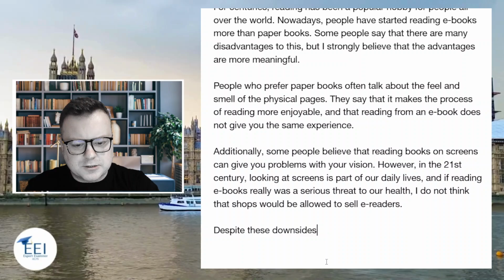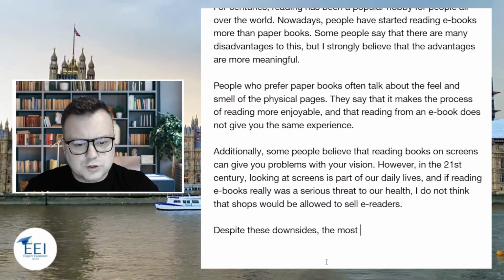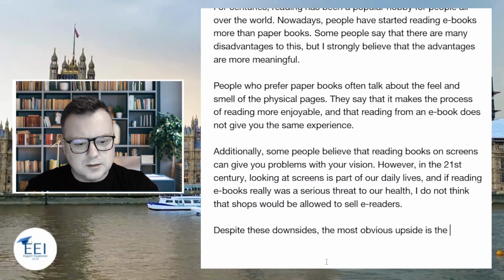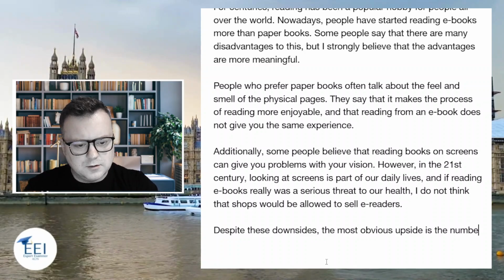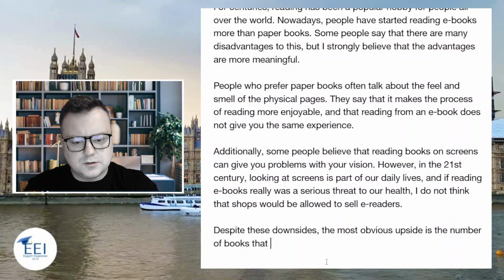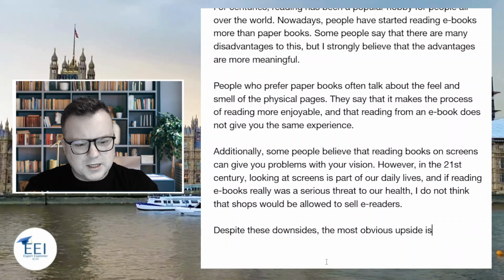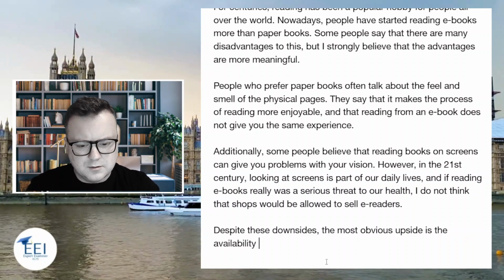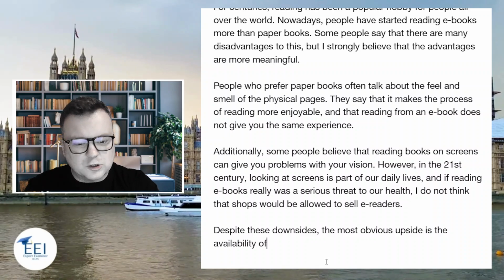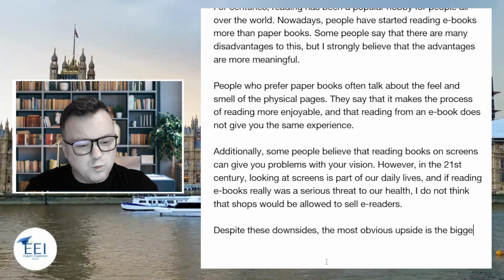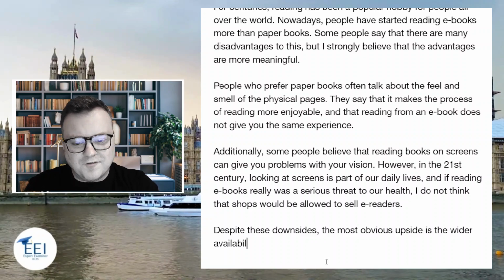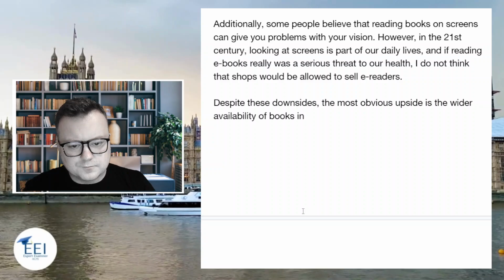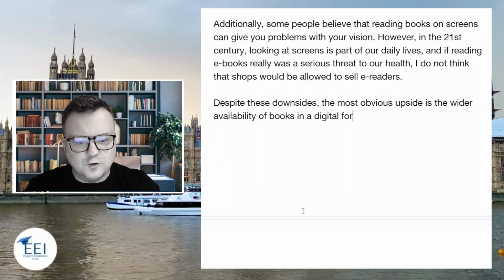Despite these downsides, the most obvious upside is the number of books, or the most obvious upside is the availability of the greater or the bigger, the wider availability of books in a digital format.